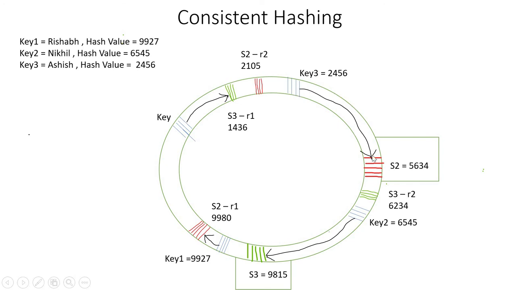And this key will be mapped to this server, and again this key will be mapped to this server. Now how it helps is, since we have multiple replicas present for each server on different locations on the ring, if any of the servers goes down, other servers' replicas will take those keys. So we will not put all the load onto only one server, we'll distribute the load because the replica servers will take those keys in.